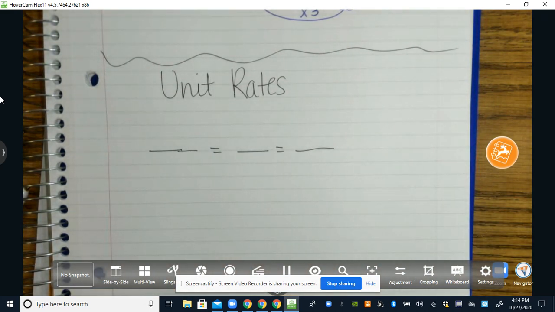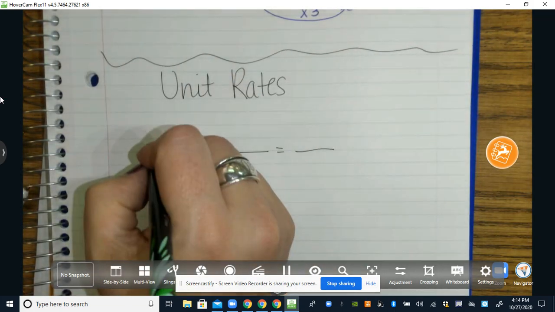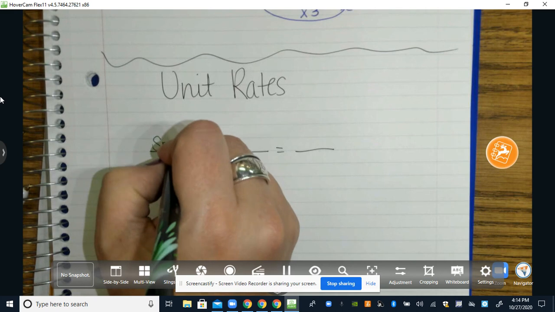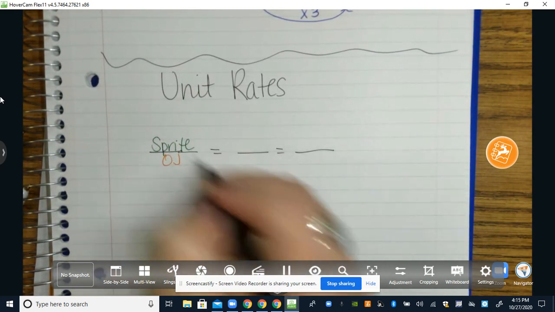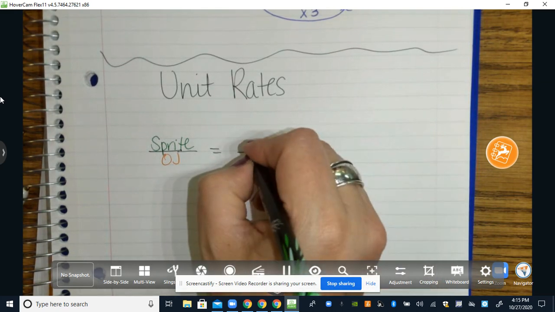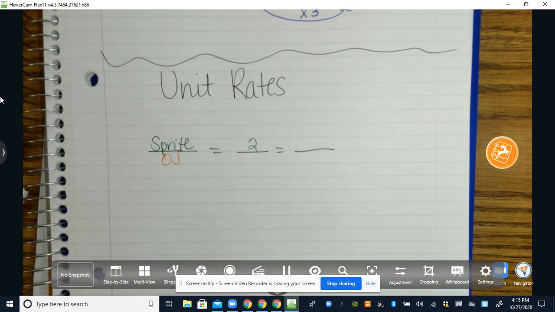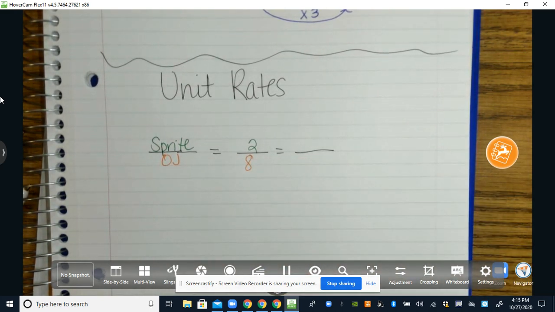Our words is what we're comparing, still like this one. It's kind of similar, but a little different. So we're comparing our Sprite to our orange juice. I know for a fact that 2 cans of Sprite goes with 8 jugs of orange juice. So your recipe did not change.